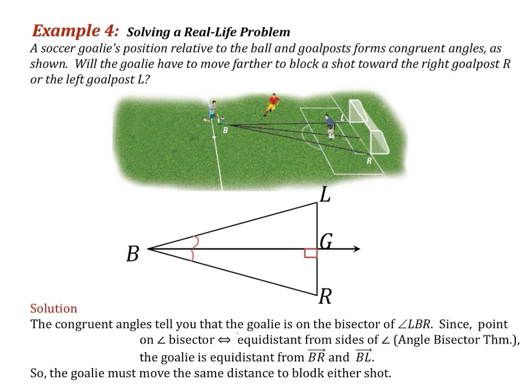And since a point is on the angle bisector if and only if it is equidistant from the sides of the angle, in other words, your angle bisector theorem, then the goalie is equidistant from ray BR and ray BL. So if the goalie's right here, then he's equidistant from both sides. So the goalie must move the same distance to block either shot.